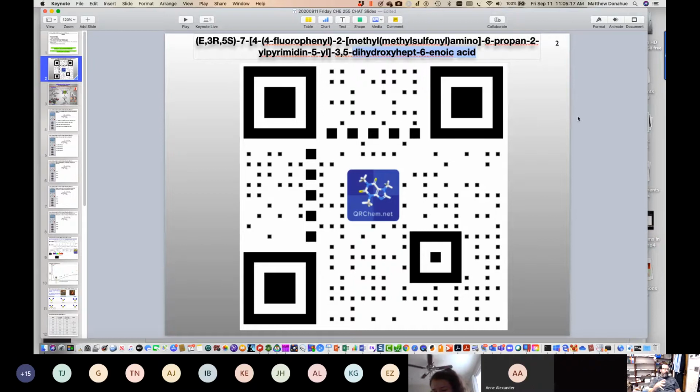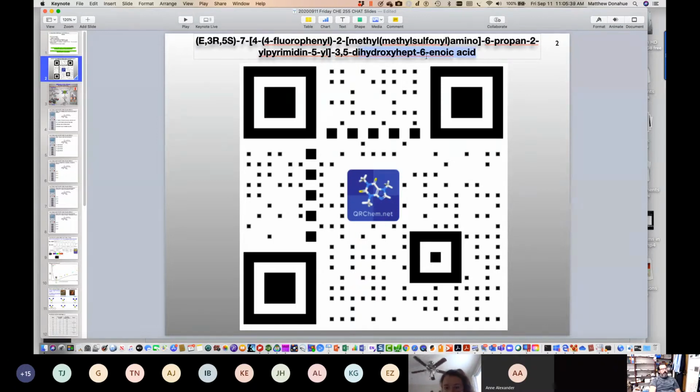When you start at the end of that name, that tells you the parent carbon chain and what the main functional group is. That gives you an idea of how many carbons are in the main chain, what the parent or highest oxidation functional group is, and this ends up being a carboxylic acid.